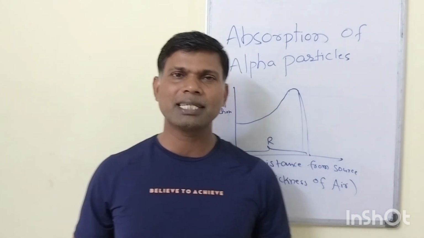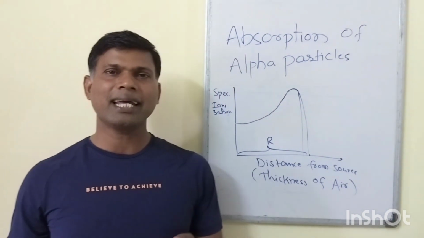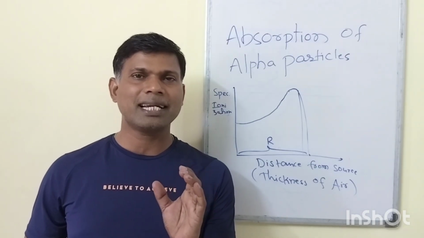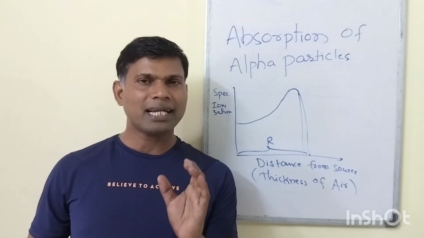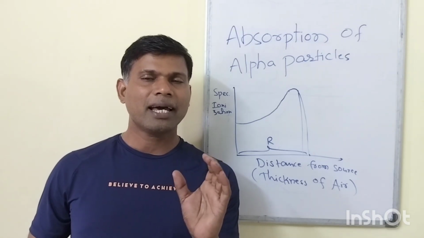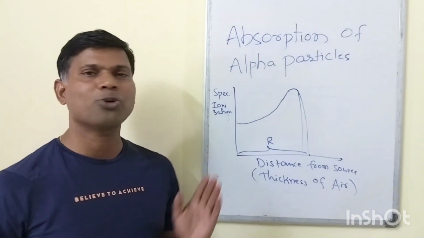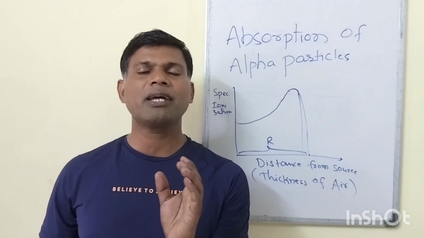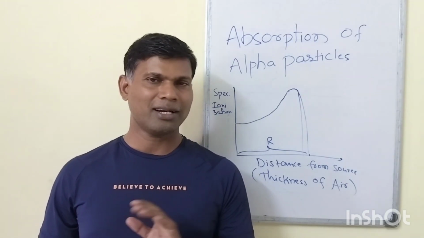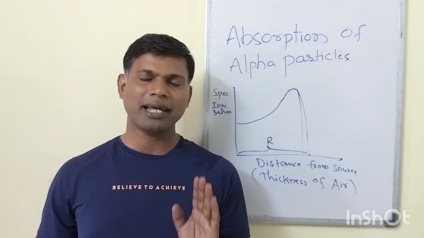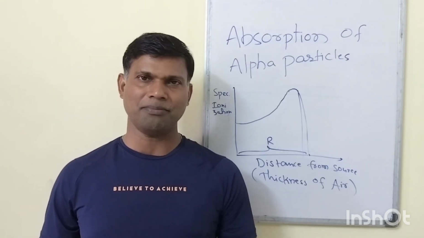It means there is certainly some difference in energy levels; the alpha particles coming from the source have slightly different energies. But the difference is very, very little. Not like beta particle energy; beta particle energy is a big spectrum.